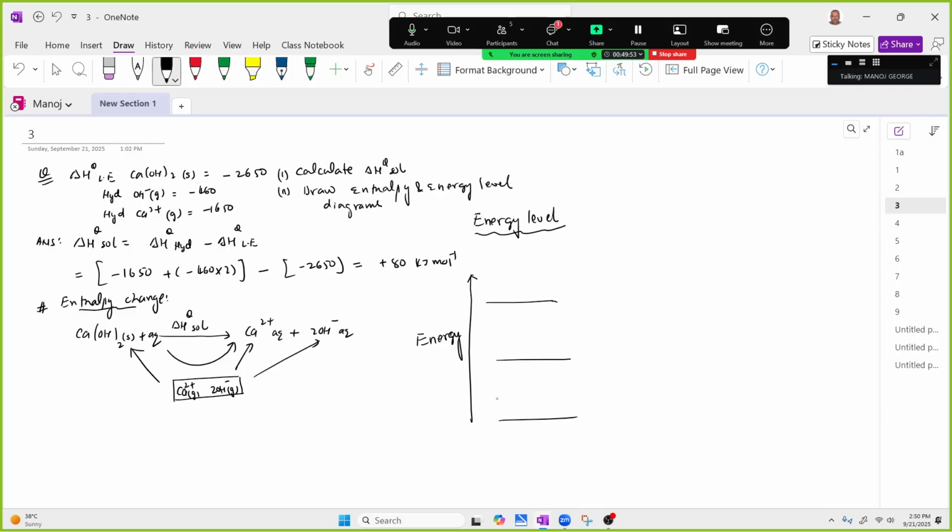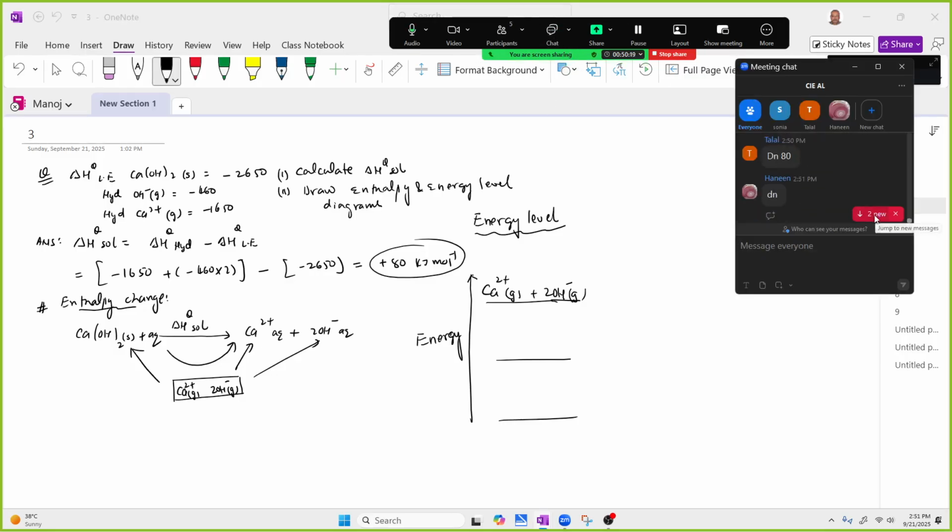The delta H solution is positive 80. The gas ion is always written on the top. The question for you is, where should I write the aqueous ions and where should I write the solid? Your solution enthalpy is positive 80.